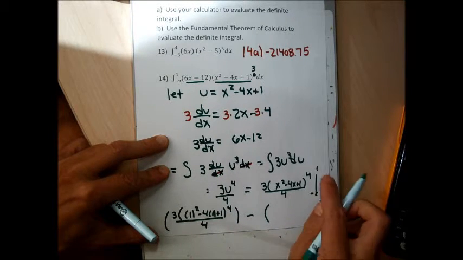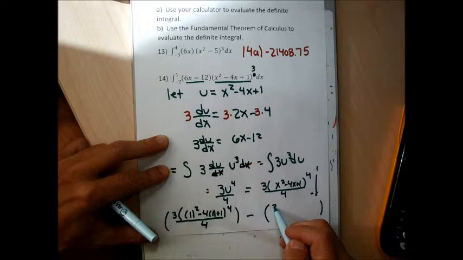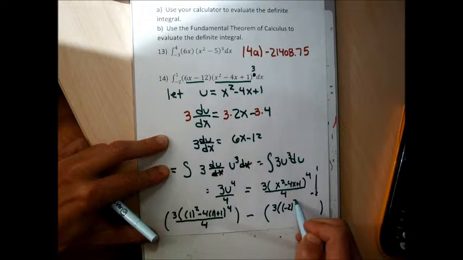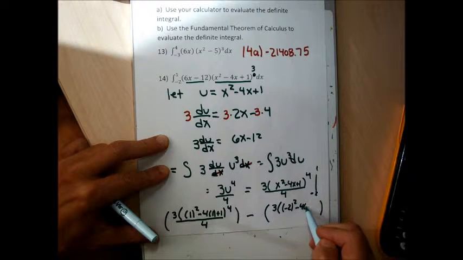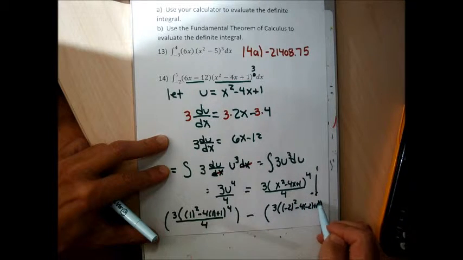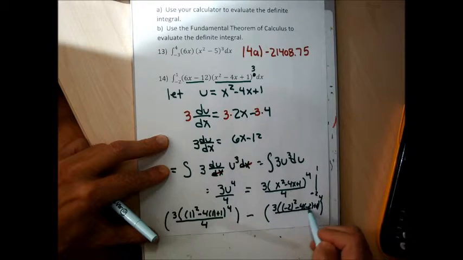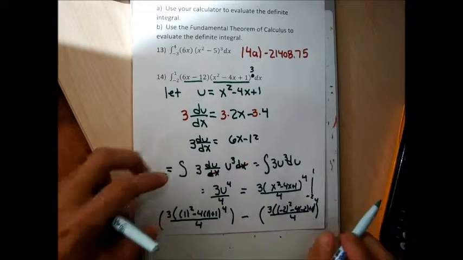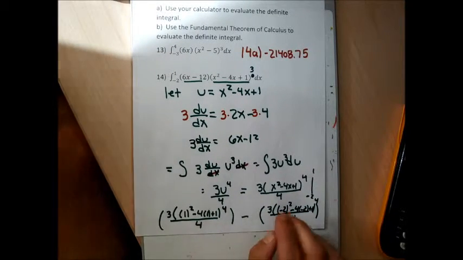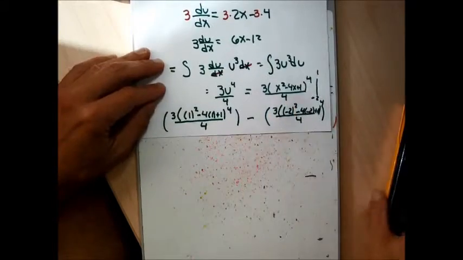And the second parentheses that I need to compute is going to be 3 times the quantity negative 2 squared minus 4 times negative 2 plus 1 to the 4th divided by 4. Lighting is getting weird in here, so hopefully this doesn't mess up what you can see on my calculator.